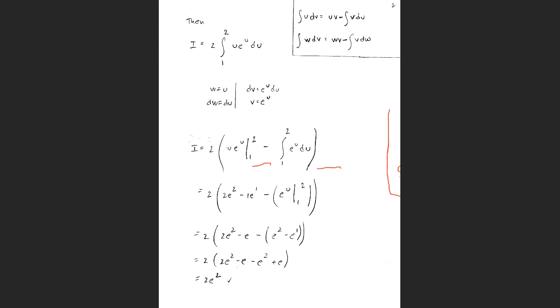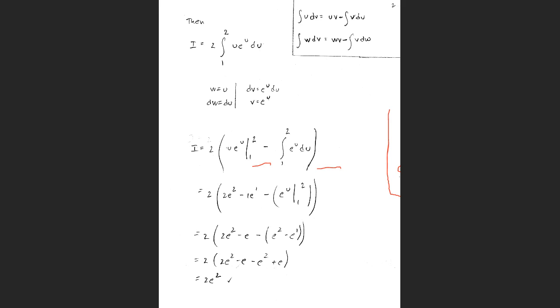The integral would equal e to the u times u squared over 2 minus the integral of u squared over 2 times e to the u du.